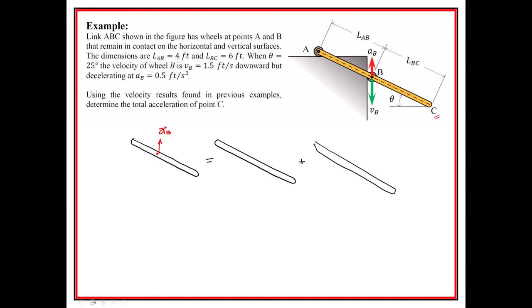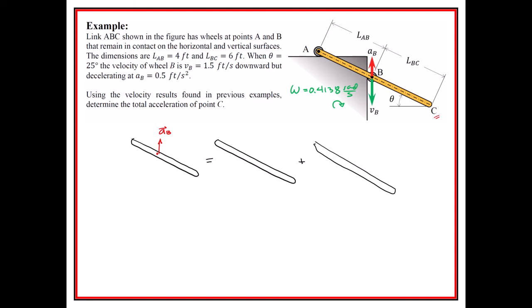Something that we knew from the velocity analysis that we did as part of the previous example. If this was a fresh problem, we would have to do the velocity analysis first. And we would have found that omega was equal to 0.4138 radians per second, and that was clockwise. So we're going to need that information.